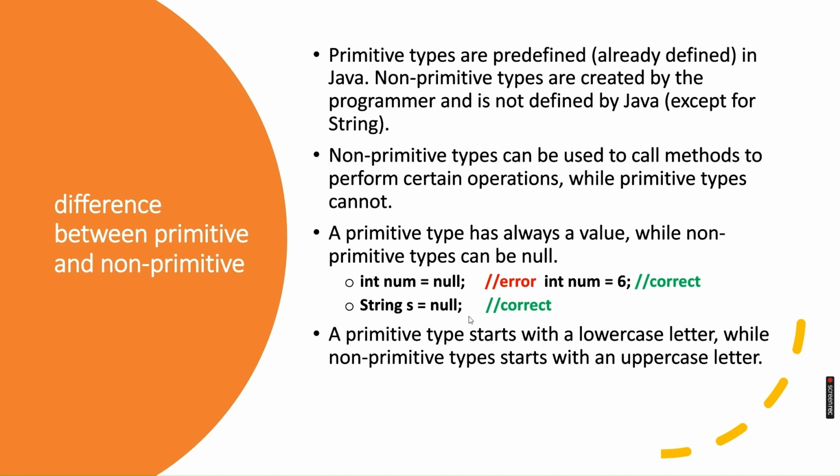Whereas if we create a string and assign it to null, that will work fine. The fourth and last one that I will mention is that a primitive type starts with a lowercase letter, while a non-primitive type starts with an uppercase letter. If we look at the previous variables that we created, int has lowercase, whereas string, which is a non-primitive type, has uppercase.